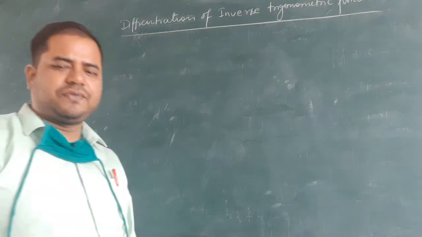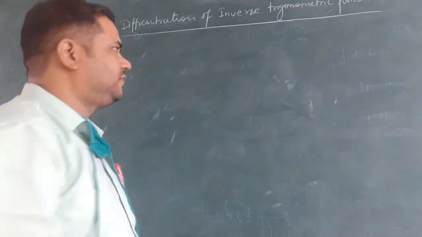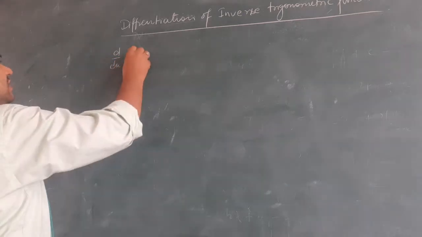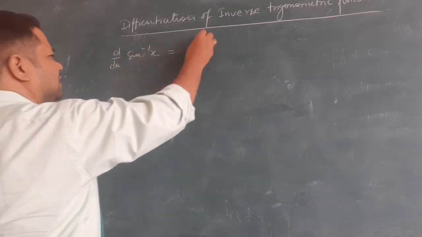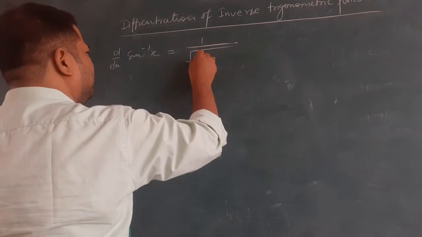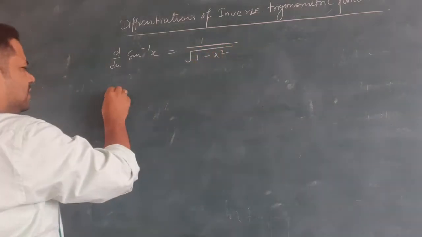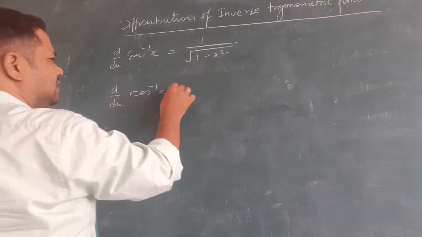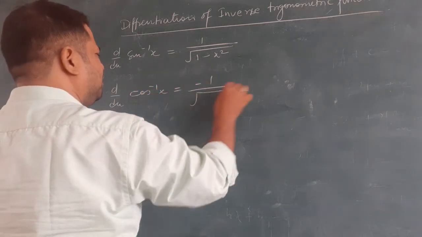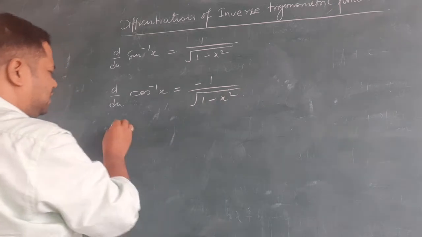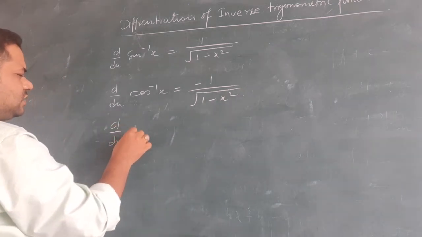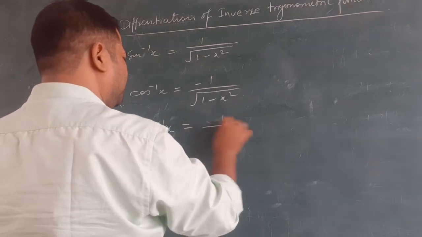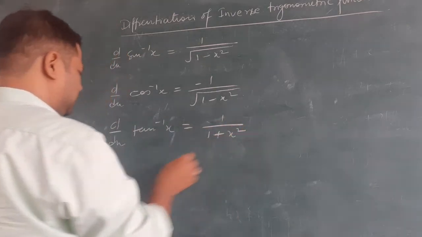So what is the differentiation of inverse trigonometric function? D by dx of sine inverse x is 1 upon root of 1 minus x square. D by dx of cos inverse x is minus 1 upon root of 1 minus x square. D by dx of tan inverse x is 1 upon 1 plus x square.